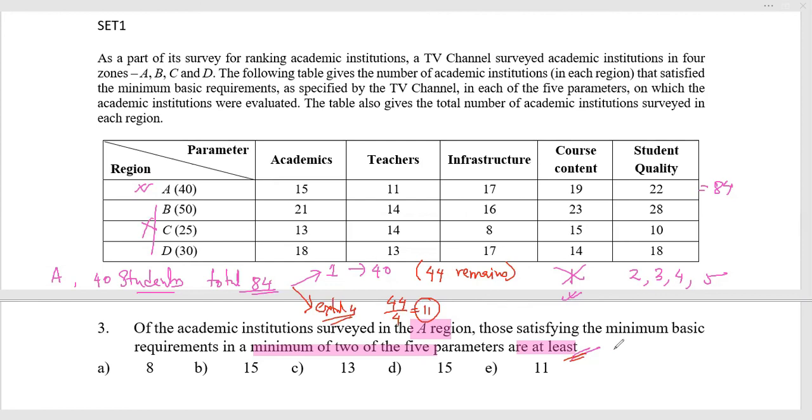So what will be the final scenario? 11 have received 5 each, and rest others, that means 29, has received 1 each. These are the criteria that we have fulfilled, and my answer would be 11 in this case.